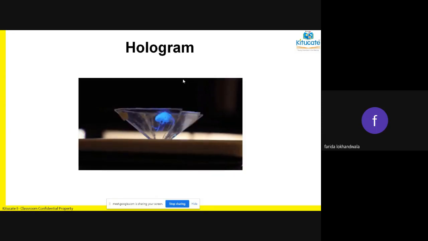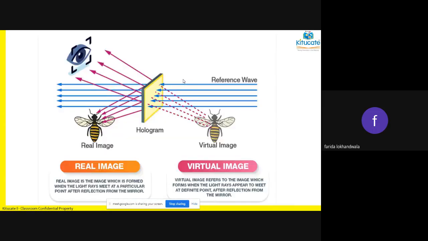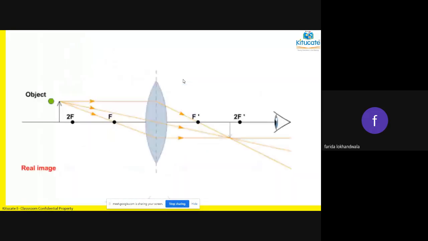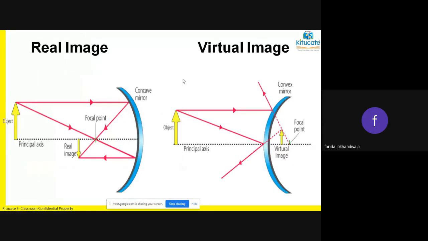One thing to understand, ma'am, can you go to the slide of the real and virtual difference? Next. Here, on the left side, the real image is there. The object is in yellow, and it is a concave mirror. The concave mirror has the real image on the same side as the object.